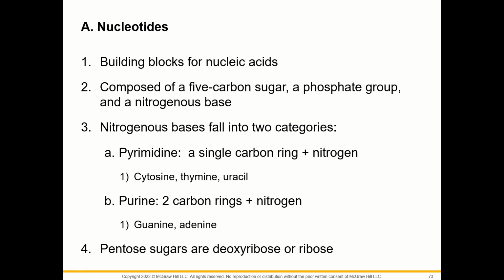A purine is 2 carbon rings plus a nitrogen group, and these are going to be guanine and adenine. The pentose sugars are either deoxyribose or ribose. So you may guess DNA has deoxyribose and RNA has ribose.